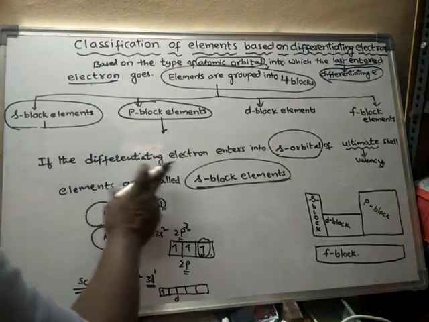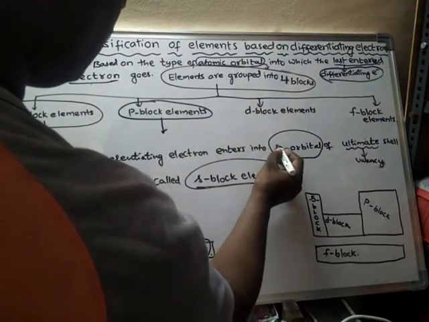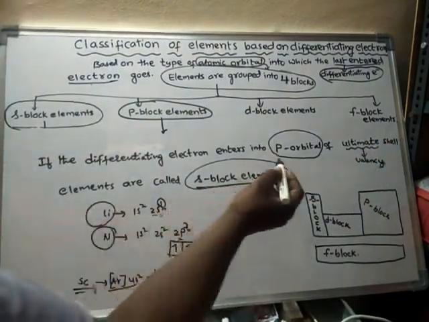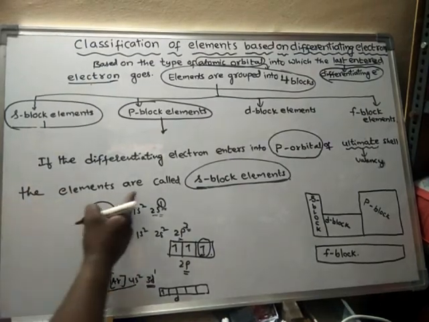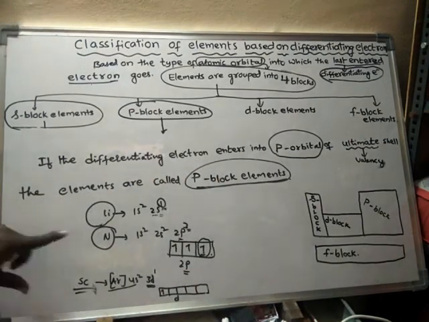If the differentiating electron enters into p orbitals of the ultimate shell or valency shell, the elements are called p block elements. For example, take nitrogen.